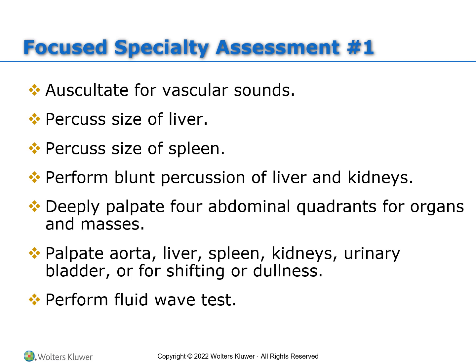On inspiration, dullness at the last left interspace at the AAL suggests an enlarged spleen. Other sources of dullness are a full stomach and feces in the colon, and they have to be ruled out before confirming splenomegaly.